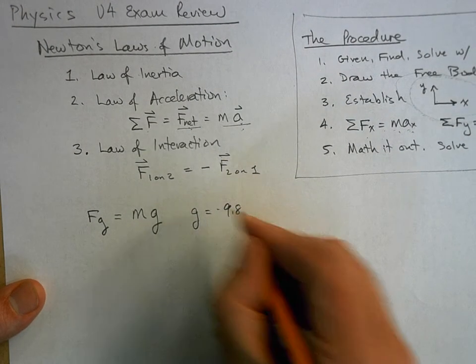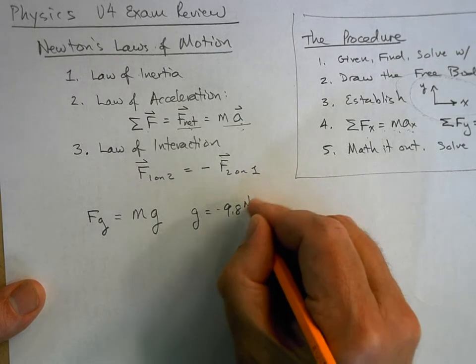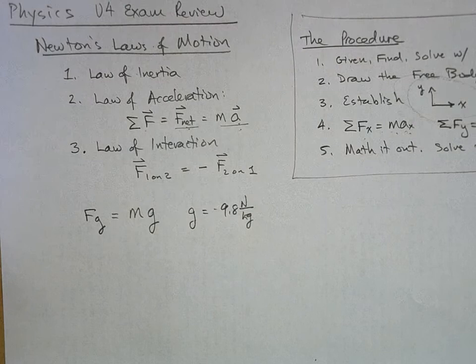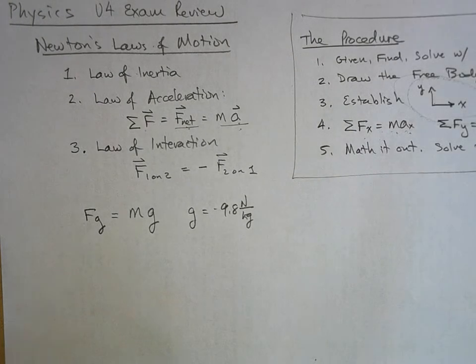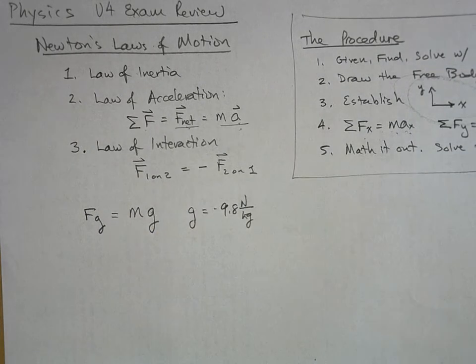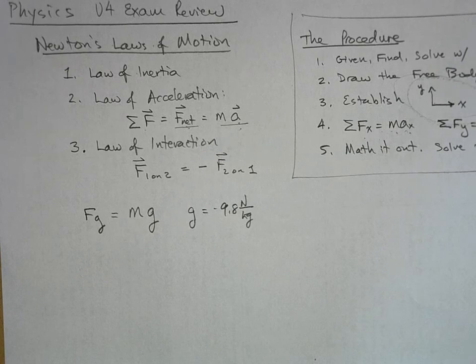Yeah, negative downward 9.8 newtons per kilogram. Why do I call it newtons per kilogram? Because you're not necessarily accelerating at 9.8 meters per second squared. But if an object is in free fall, if you drop an object, then the only force acting is the force of gravity. Well, this mg will be equal to ma. So g becomes a, and the 9.8 newtons per kilogram becomes 9.8 meters per second squared.